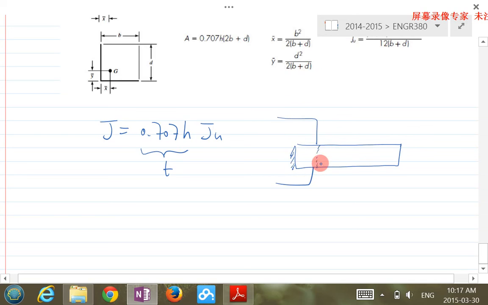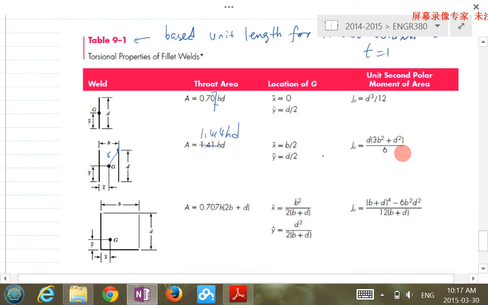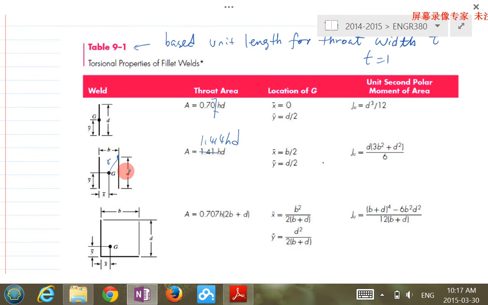But what I drew is a weld group like this. Basically you can use the two lines for illustration. So what does that mean? Do we need to recalculate this weld group, or do we need to calculate the JU for that? Or can we recycle this?